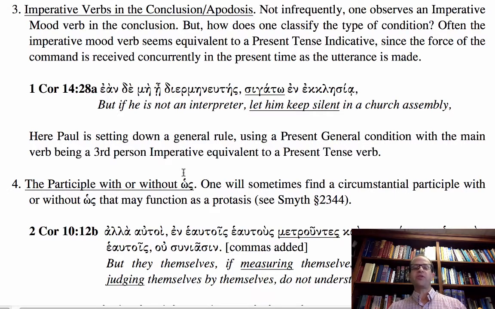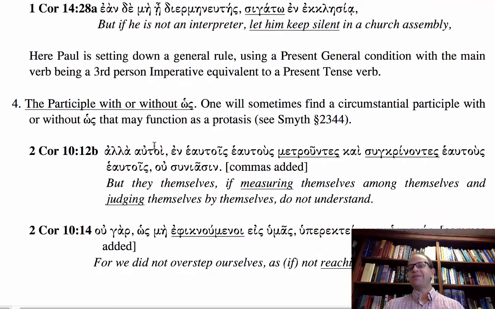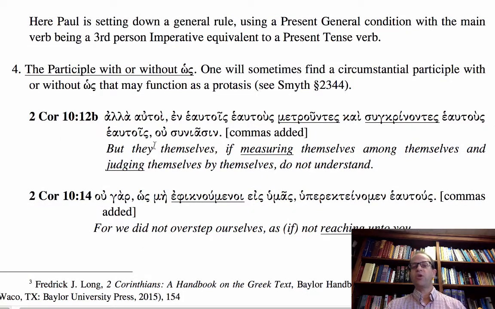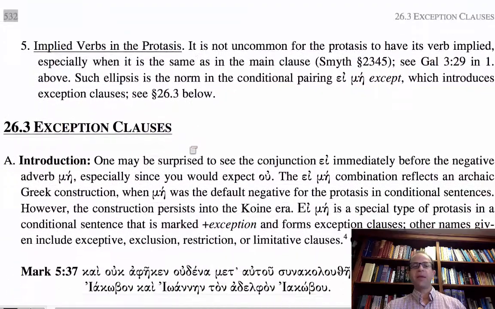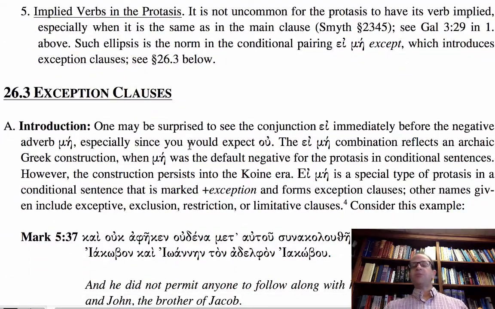So in your analysis of the conditions, that's my suggestion. You also can find participles that seemingly would set up a condition with the conjunction hos, usually. And here's some examples of that. And sometimes it's possible that you'll have implied verb forms. The verb will not be specified.